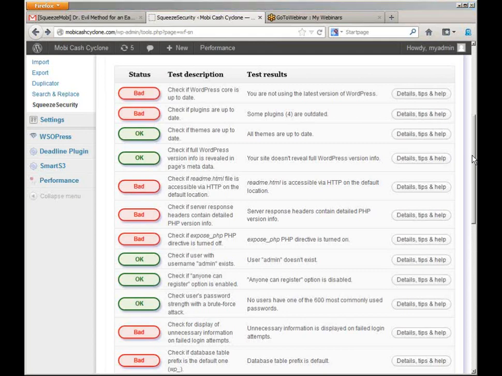Now, how do I recommend you use this? Well, number one, rebrand it as your own. Check your site first. Fix up whatever you need to fix. Then rebrand it as your own and give it away to a business owner for free, or install it on their site. Print out the report if they give you their credentials. If not, then let them install it, let them run it.